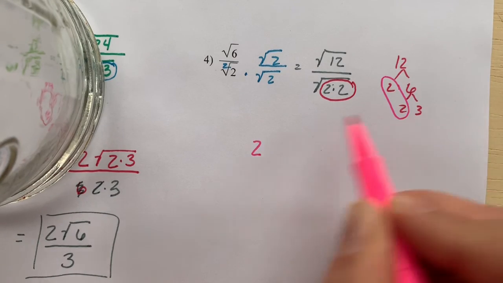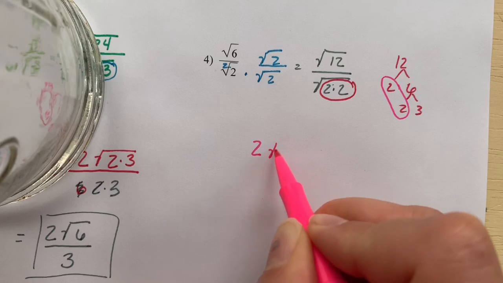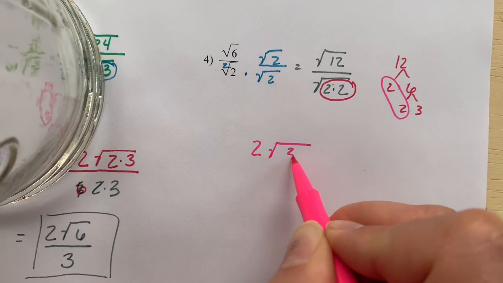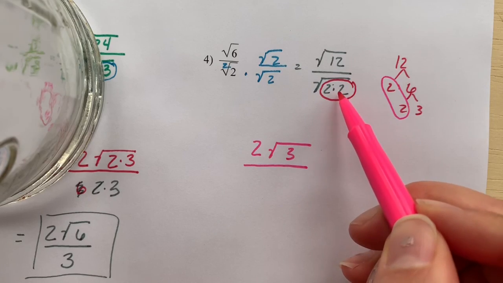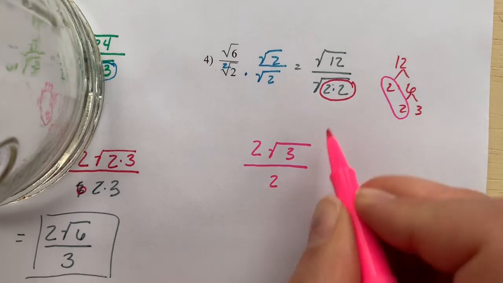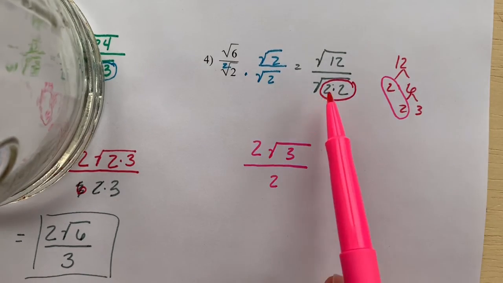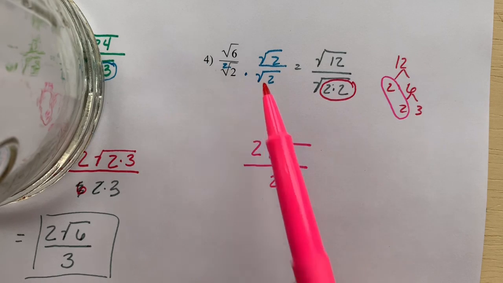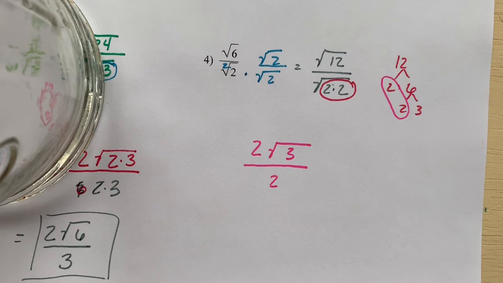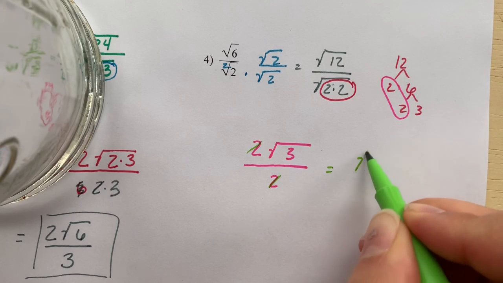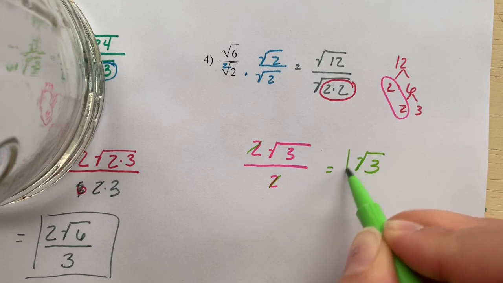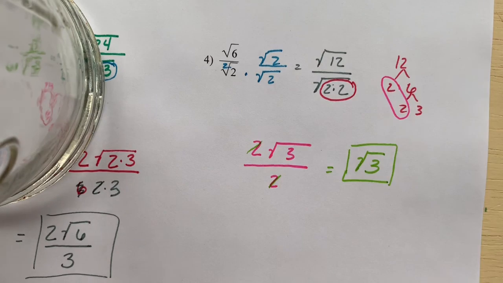Because it got circled, it got to come out in front of my radical, but the 3 did not get circled. And here, I have a group of 2 that did get circled, and then I have nothing left in my denominator that's in a radical, which is exactly why we multiplied it by that. The last thing that we should recognize is that my 2's can cancel each other out. So all I end up with is the square root of 3.